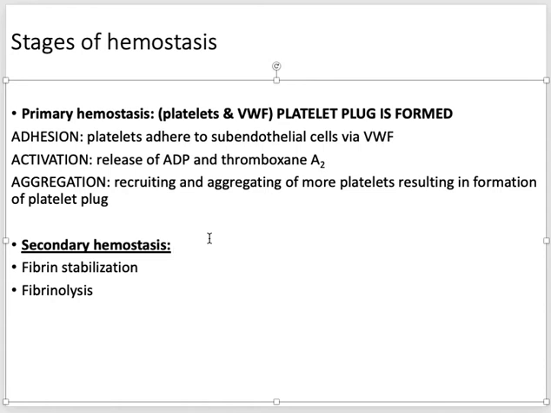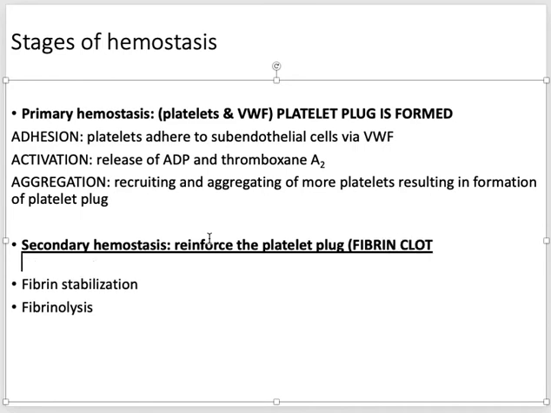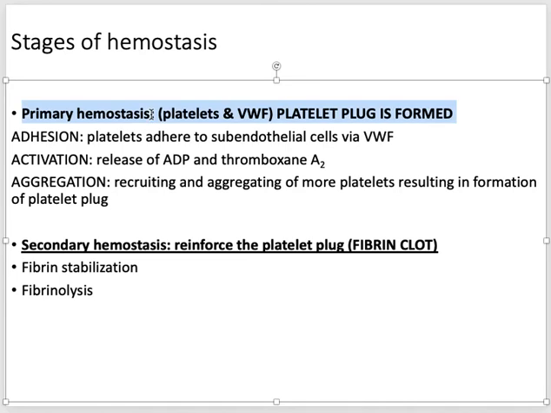So what is the aim of secondary hemostasis? It is to reinforce the platelet plug by the production of a fibrin clot. The end result of this stage is that the fibrin clot should be formed.